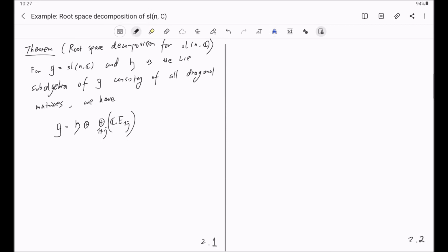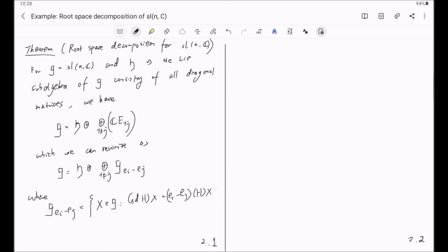And this can also be written as g equal to the direct sum of h with the direct sum over i not equal to j of g_(e_i minus e_j), where g_(e_i minus e_j) is equal to the simultaneous eigenspace of this adjoint representation with respect to e_i minus e_j.